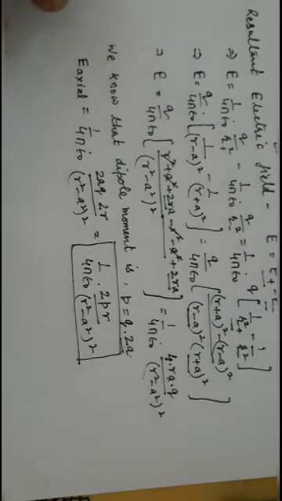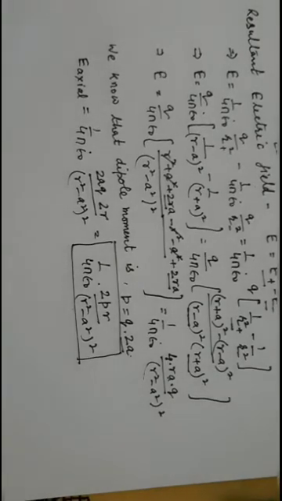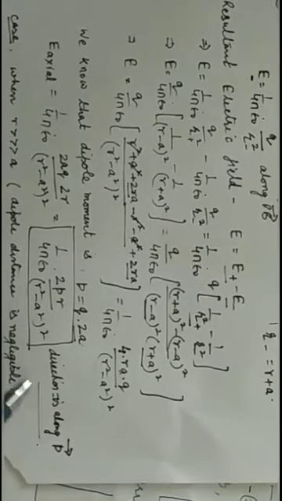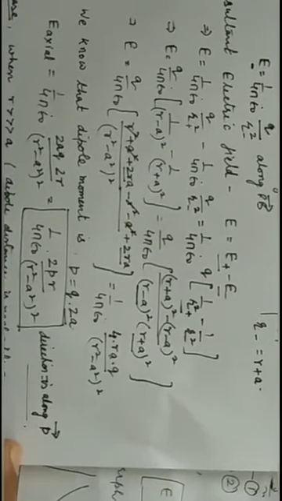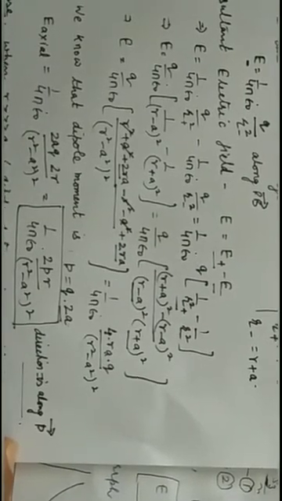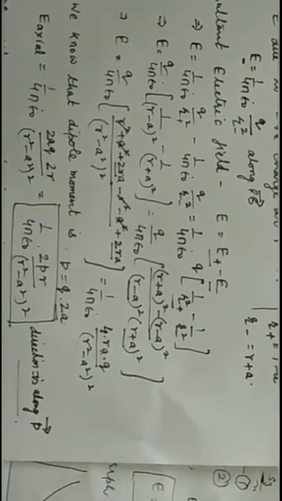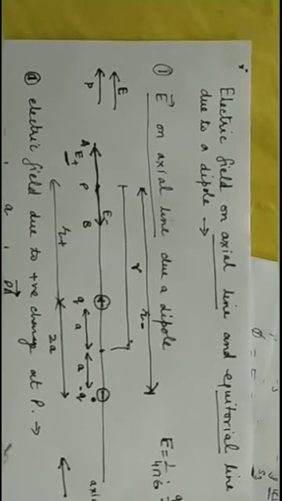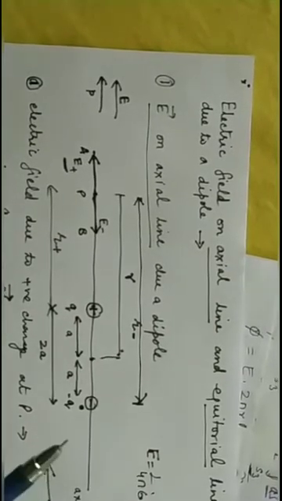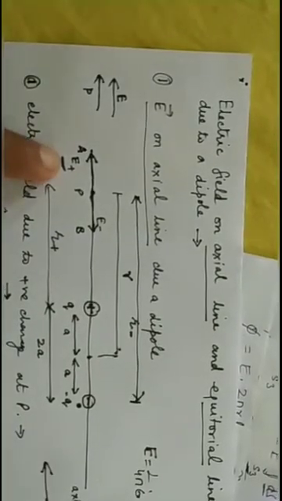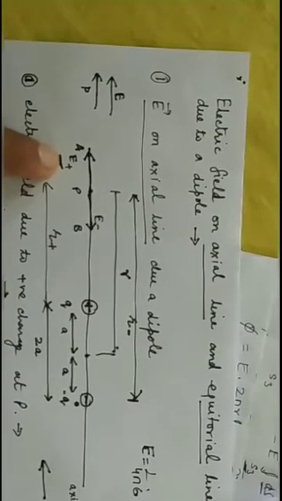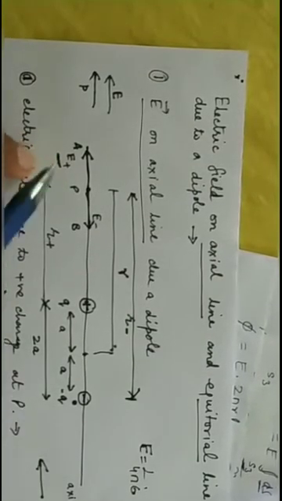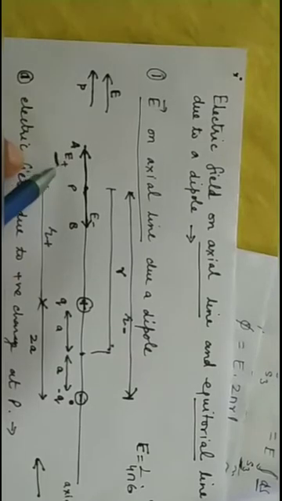So here the electric field on the axial line depends upon the dipole moment. Now to find the direction of electric field on the axial line, we can see it from the diagram. In this diagram, the direction is given by the electric field which has the bigger magnitude, that is along E positive.